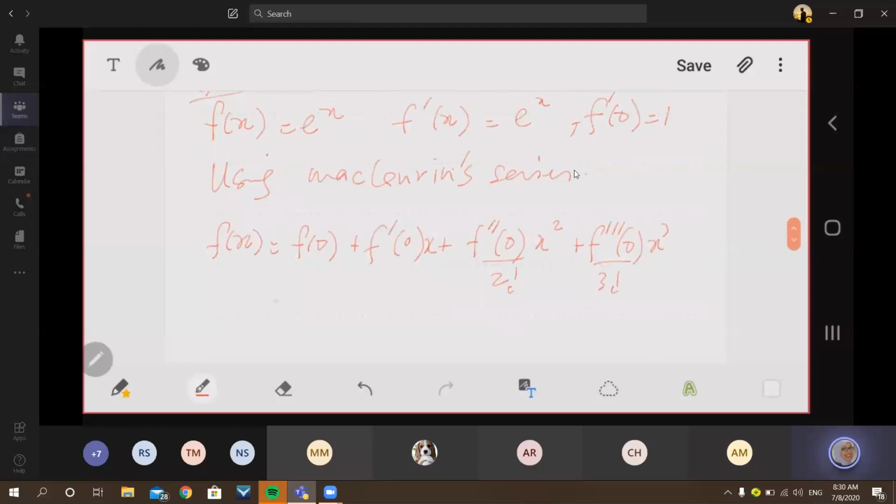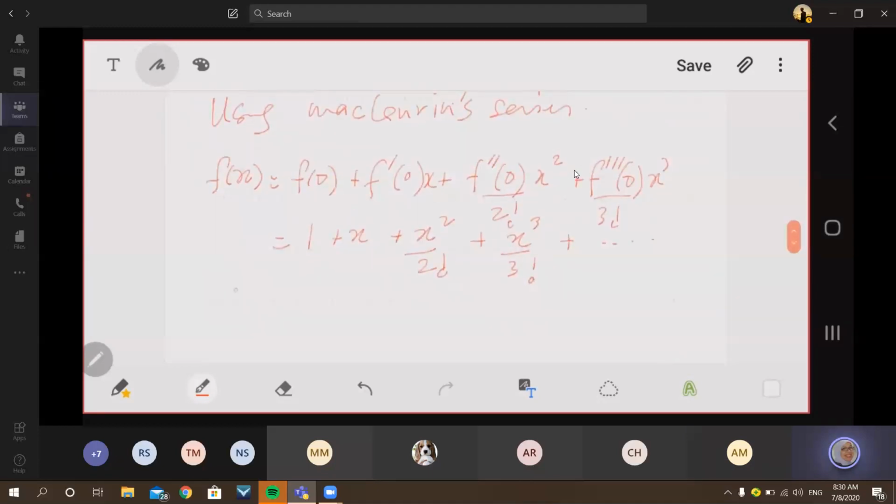So f naught is 1. F prime of naught is equal to 1 also. So you get 1 plus x, plus x squared on 2 factorial plus x cubed on 3 factorial plus so on.